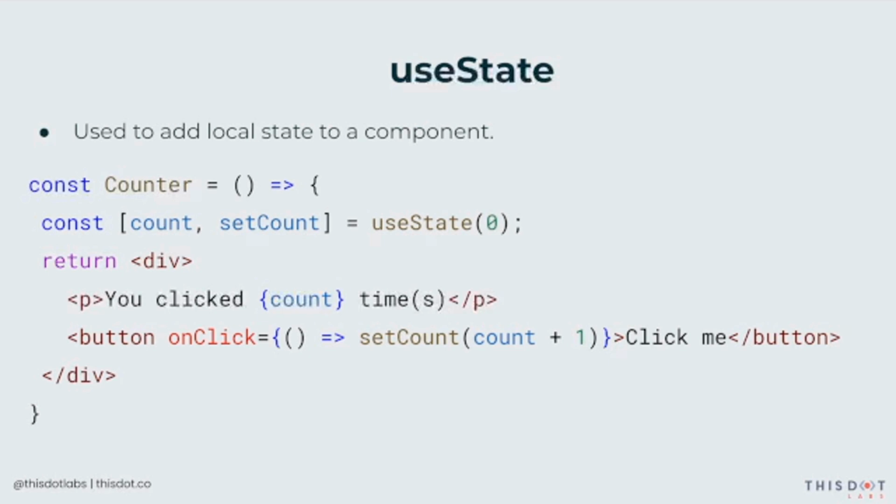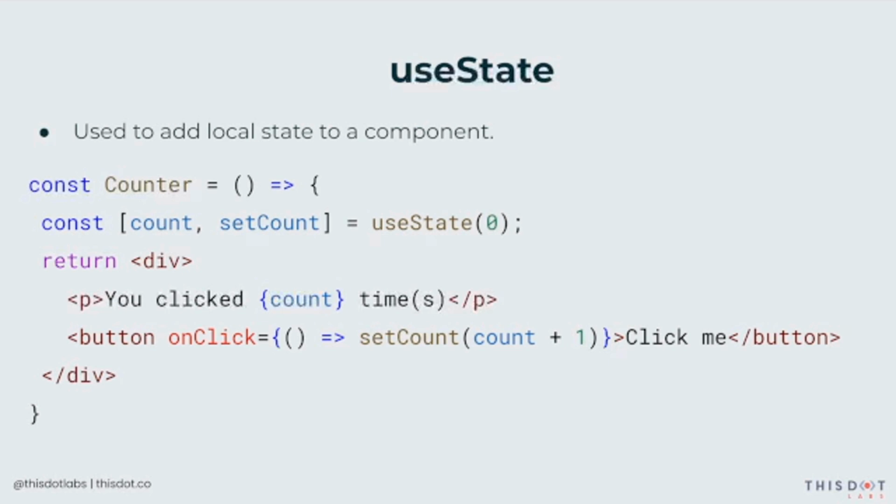So then we're going to look at what it returns. And useState returns a tuple, which means it's an array with a set amount of values where the position in the array matters as well. The first item of the array is the current value of the state, and the second item in the array is the setter, which we can use to change our current state.